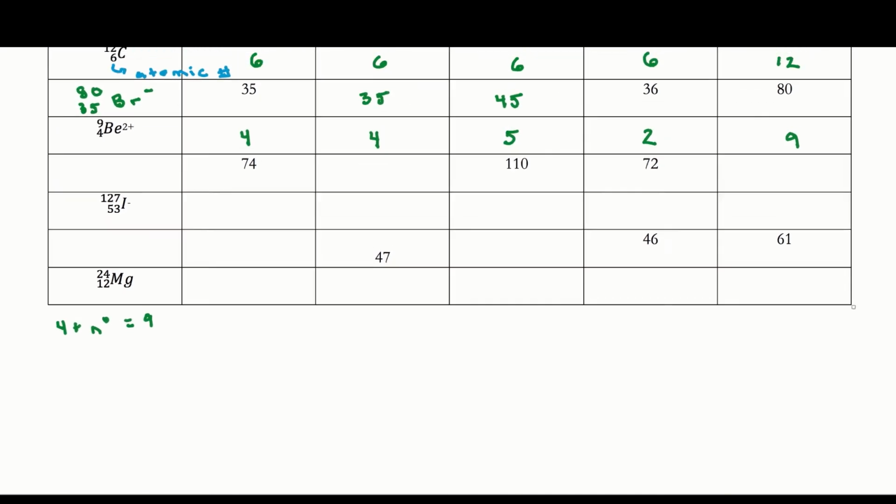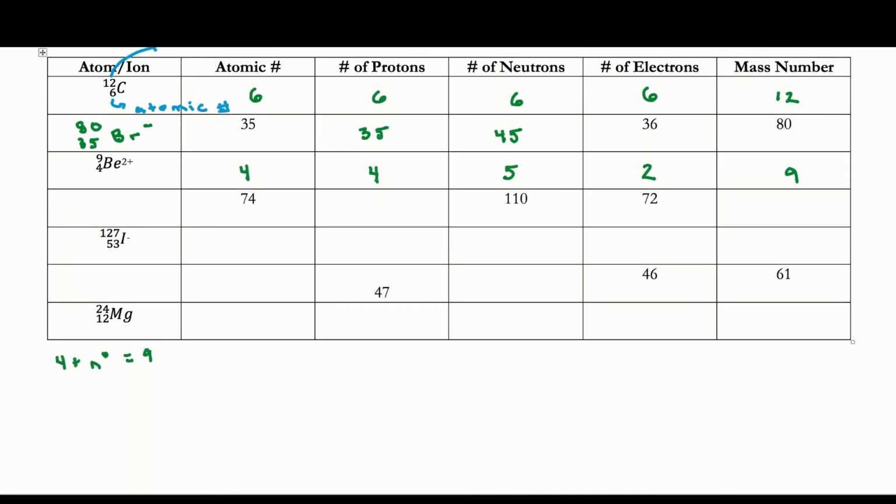I have an atomic number of 74. Okay. I want to determine my mass number. Well, I have 74 protons, because that's my atomic number. 74 plus 110, because protons plus neutrons is your mass number. That'll give it a mass number of 184. So that'll be my mass number that goes up top.